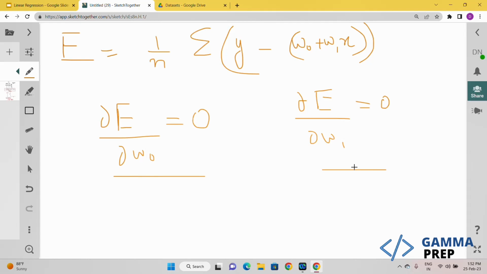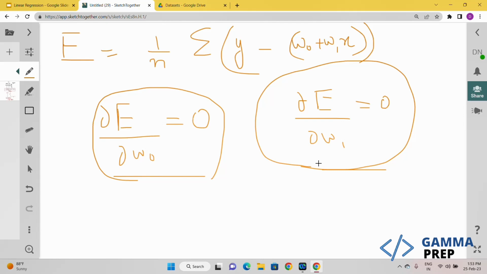So basically, when we solve these two equations, I'm not doing the solving because that's not important, but I want you to get the feel of it, right? We figure out the W0 and W1 from the two equations. The first equation is that the derivative with respect to W0 will be 0, and the second is that the derivative of this error function with respect to W1 will be 0.